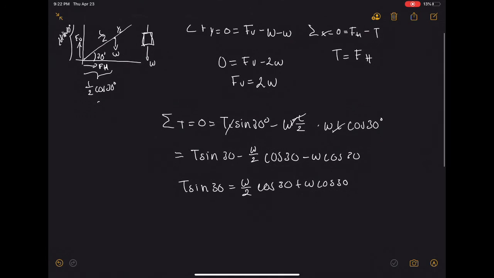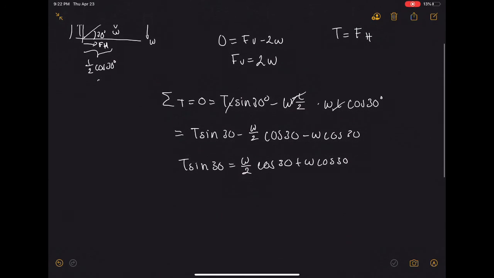Alright, so now we can simplify all this. So we're going to have T over 2, W over 2 times square root of 2 plus W square root of 2.